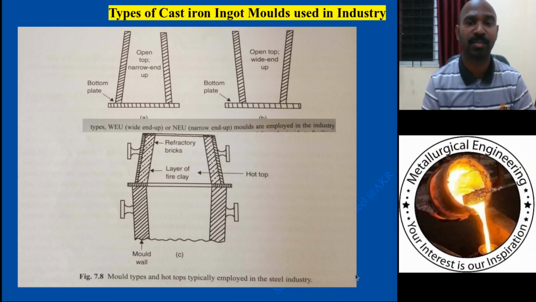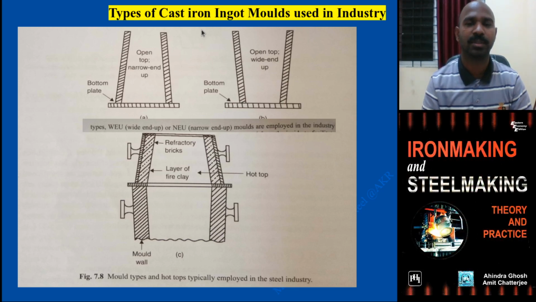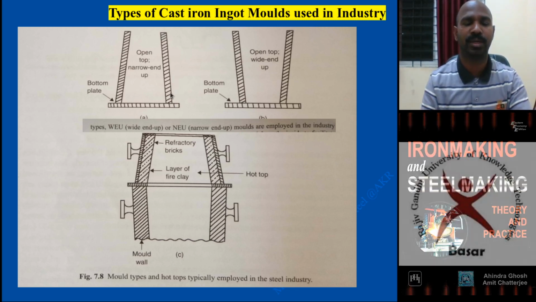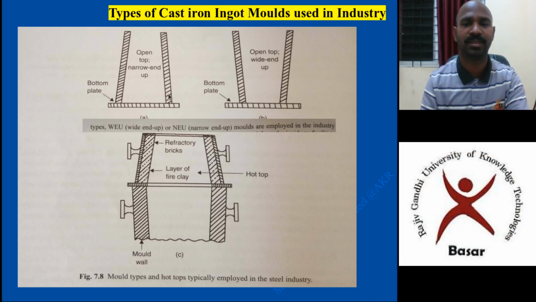Before introducing the continuous casting process, in history it started with the ingot mold. The ingot molds are independent molds. There will be a base plate and over the top there will be a tapering section.